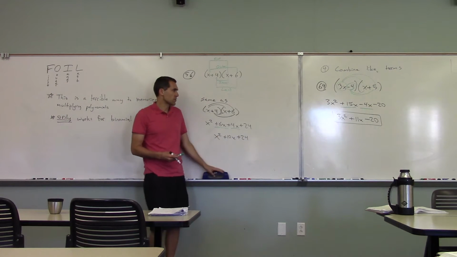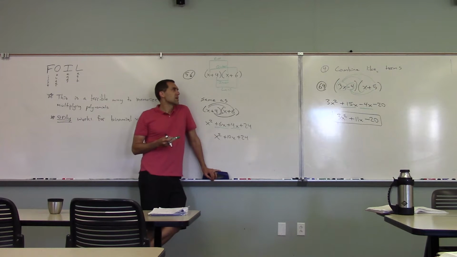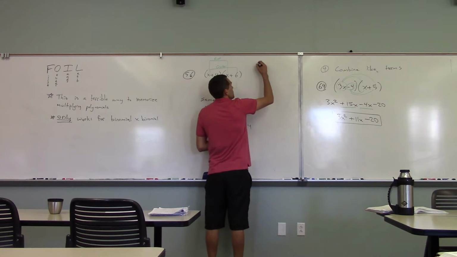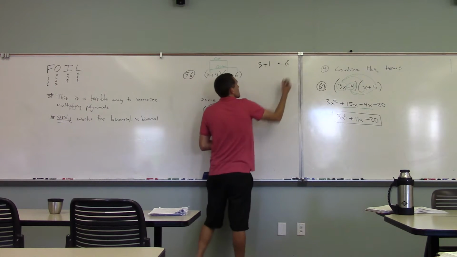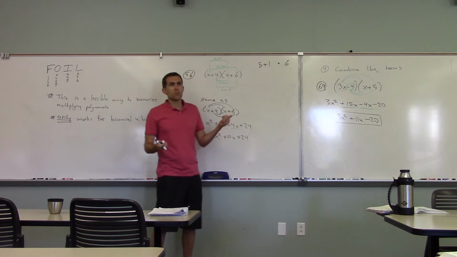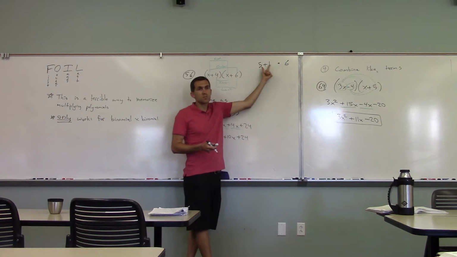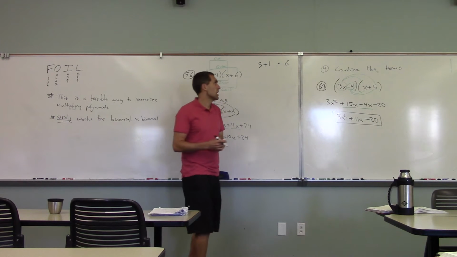Okay, I'll do another example or two, but I just want to highlight one other small detail. The way you write math can lead to mistakes, and I told you one of those in the first chapter, when people say 5 plus 1 times 6, I can see by the way they wrote it that they're probably going to do addition before they do multiplication just by their spacing, and I can see that's going to lead to an error.